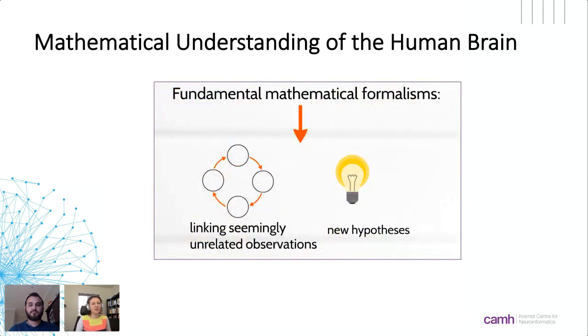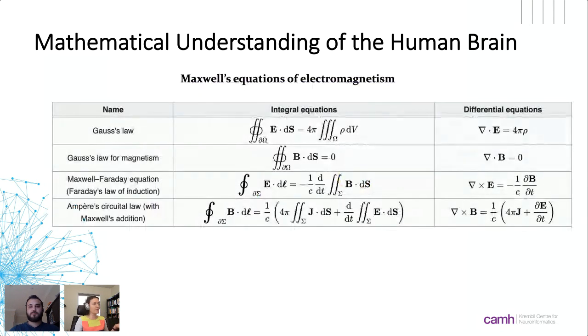Well, first, I want to take a step back and emphasize that a unified mathematical formalism can be particularly important in this context. Mathematical formalisms in physics have provided immense progress as they were able to link seemingly unrelated observations and helped us generate new hypotheses.